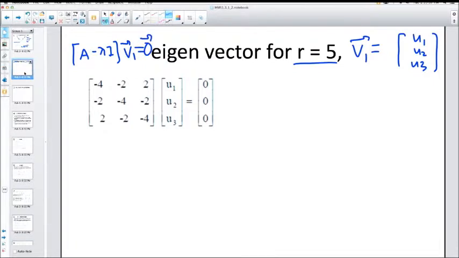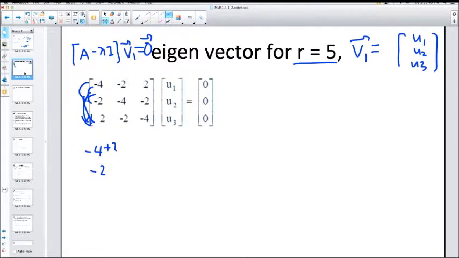Or again, we understand this has to be singular. How do I convince you it's singular? Look, if I add the first row and the second row to the third row, what do you have? Let me add the first row to the third row. Negative 4 plus 2, you get negative 2.